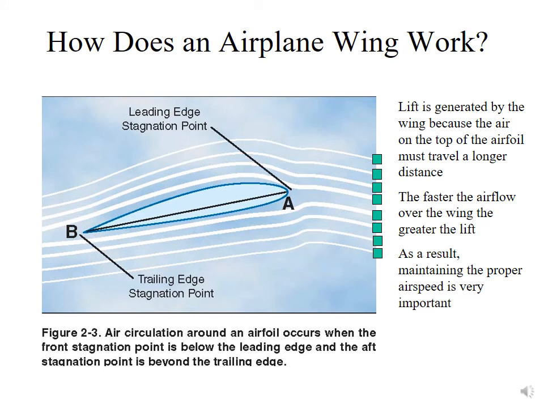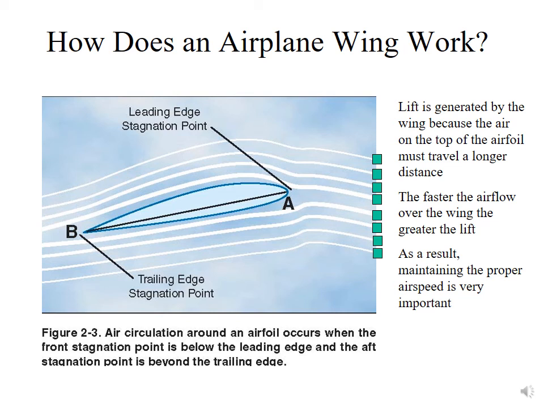And in order to understand how Delta Flight 191 crashed, let's do a real quick primer on how an airplane wing works. So we have an airplane wing here in the middle, which is essentially an airfoil shape. It has a leading edge and a trailing edge that are different shapes. And the path length for the air moving across the bottom of the airfoil is shorter than the path length of the air moving across the top of the wing.